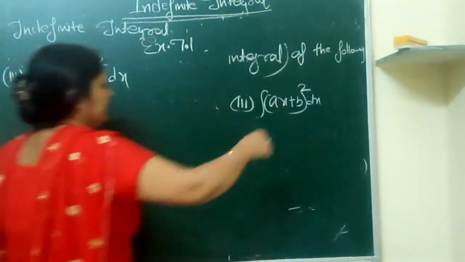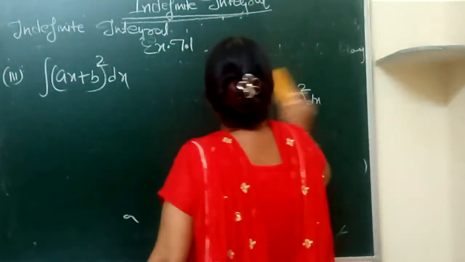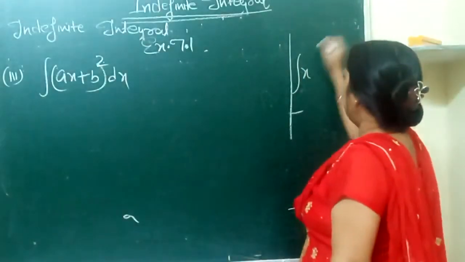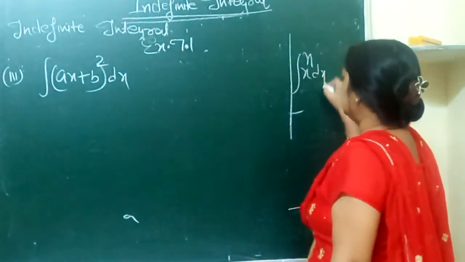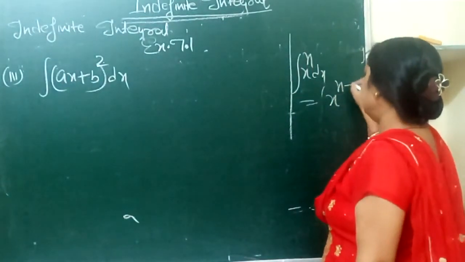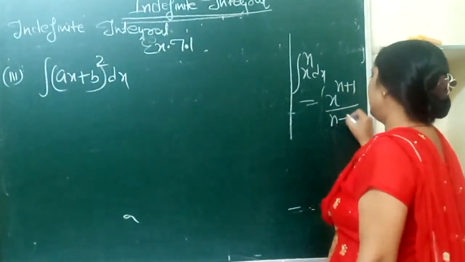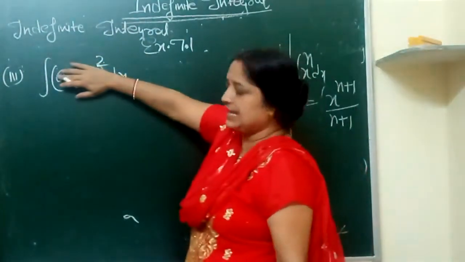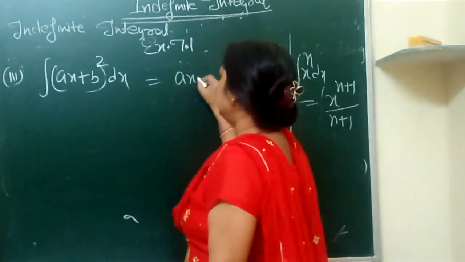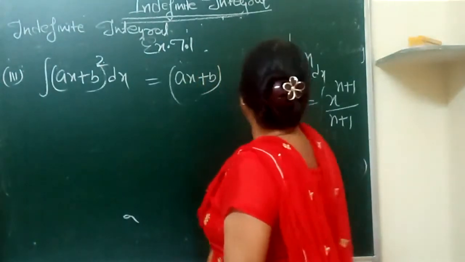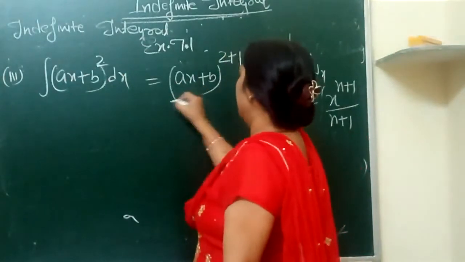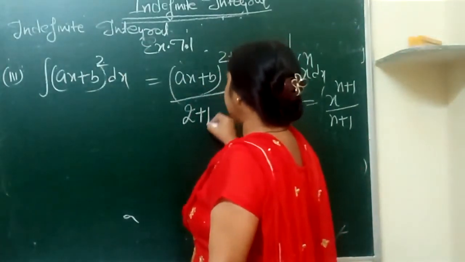Now find the integration of this term. Here we will apply the formula for integration of x raised to power n dx. What is the formula? That is x raised to power n plus 1 upon n plus 1. Here it will come ax plus b raised to power 2 plus 1 upon 2 plus 1.